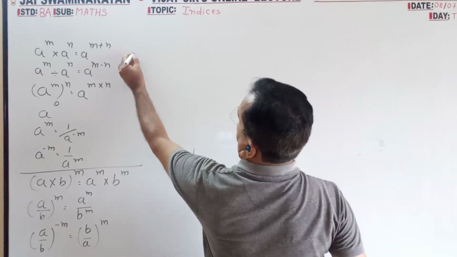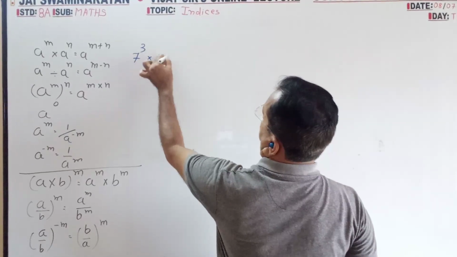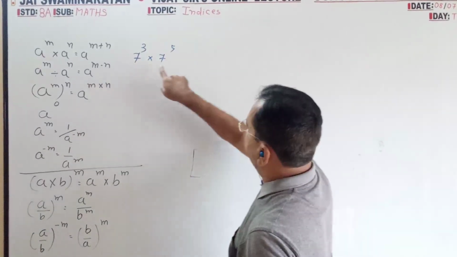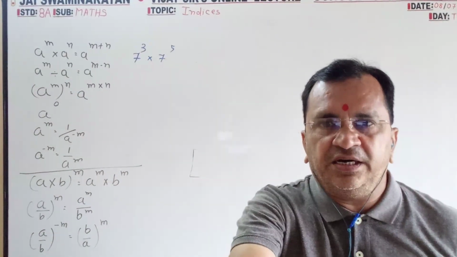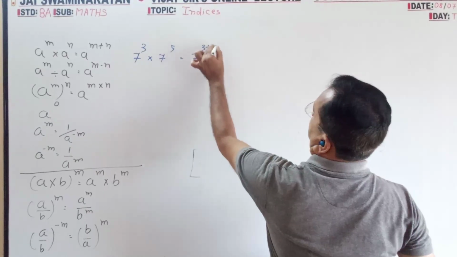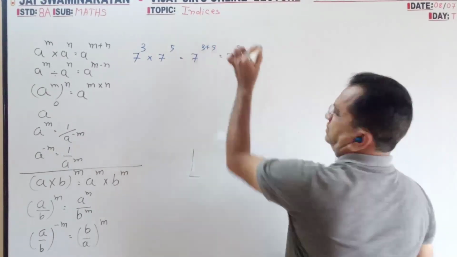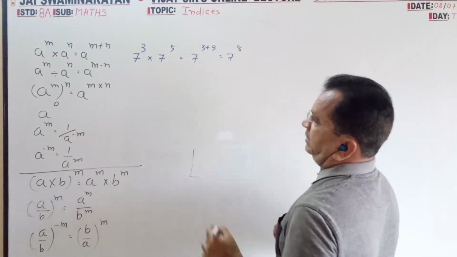So for example, 7 raised to 3 into 7 raised to 5: both bases are equal, both powers differ. So 3 plus 5 is equal to 7 raised to 8. Correct?